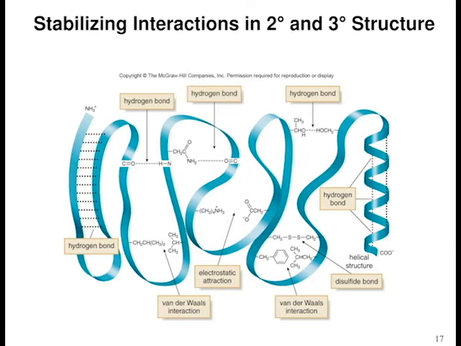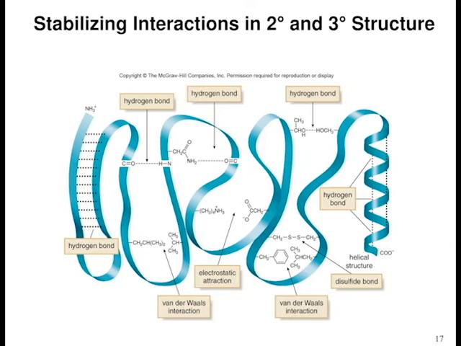This other one is from the side group and the peptide backbone. As long as it contains OH, NH2, or C double bond O, they can participate in hydrogen bonding.